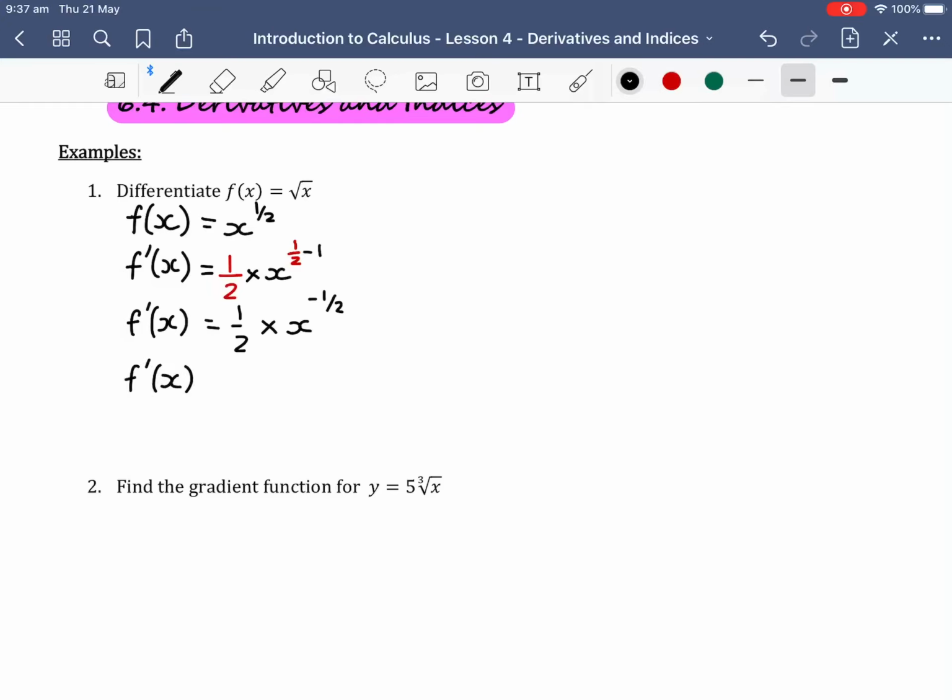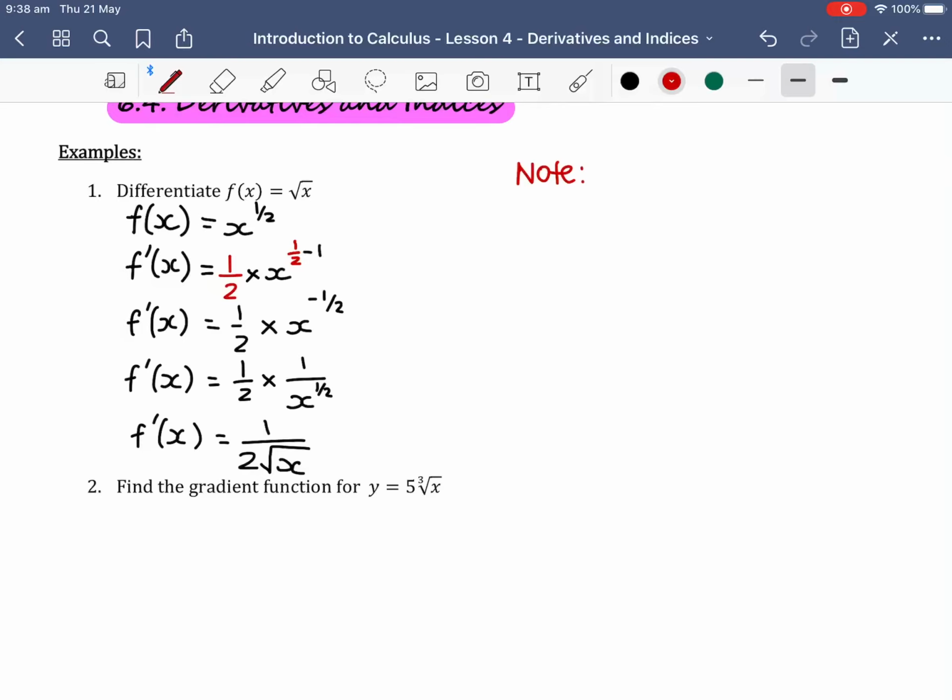So f dash x equals a half times 1 over x to the power of a half. Multiplying the tops and the bottoms, 1 times 1 is 1, over 2 times x to the power of a half, which is the same as root x. So that's how we differentiate our function.